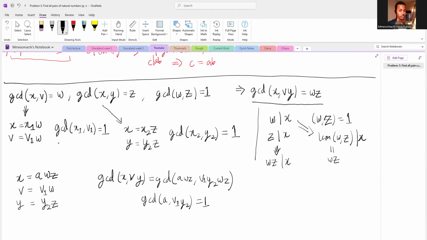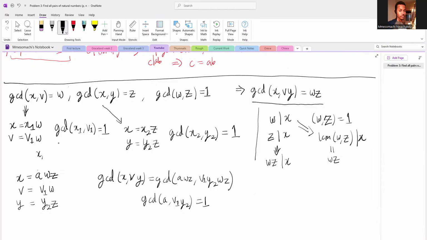Recall that we have the GCD of X1 and V1 is equal to 1. X1 is equal to A times Z, based on how we defined this.